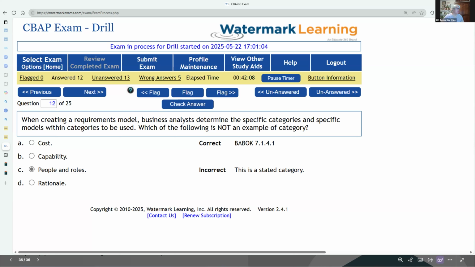Let's see, we've got expected costs in 7.6. I think it's in a previous chapter, right? Sorry, I'm fighting with my keyboard.